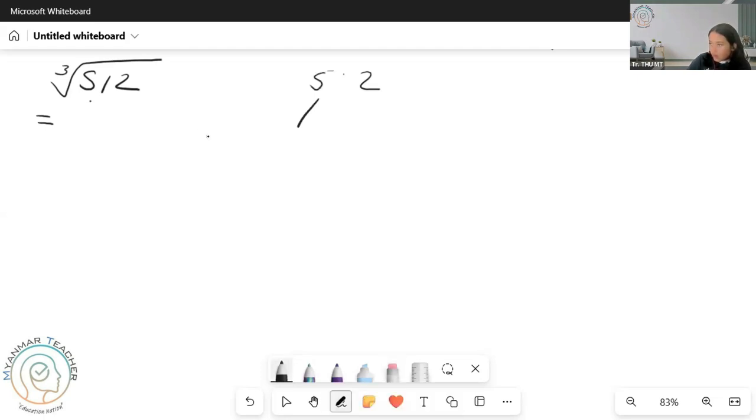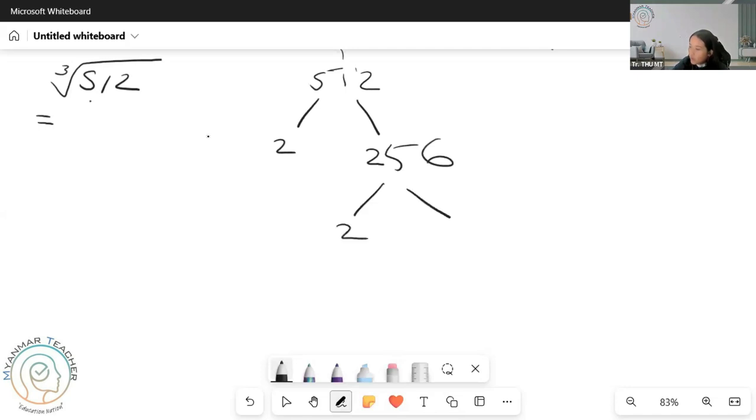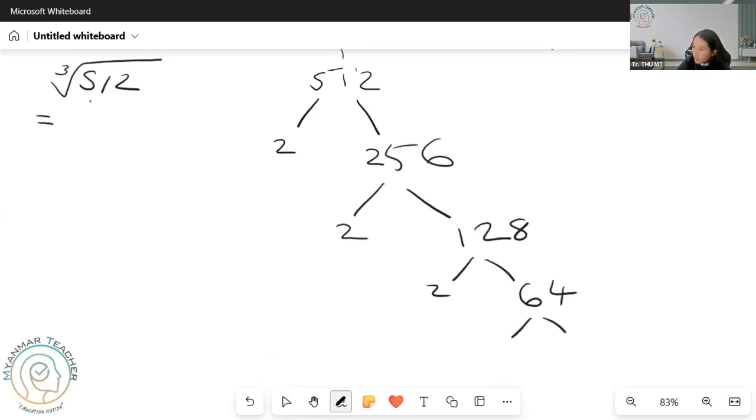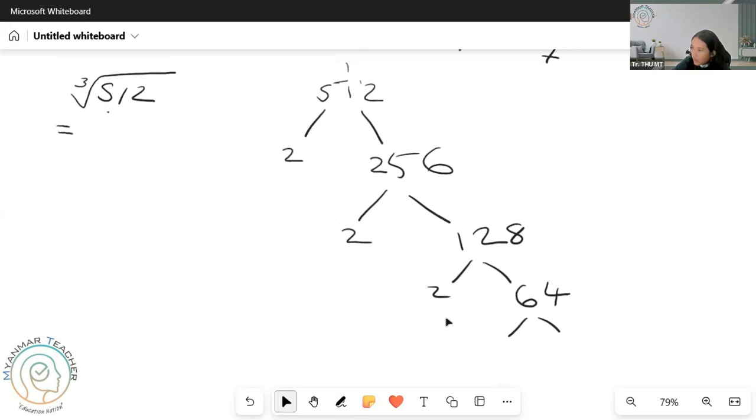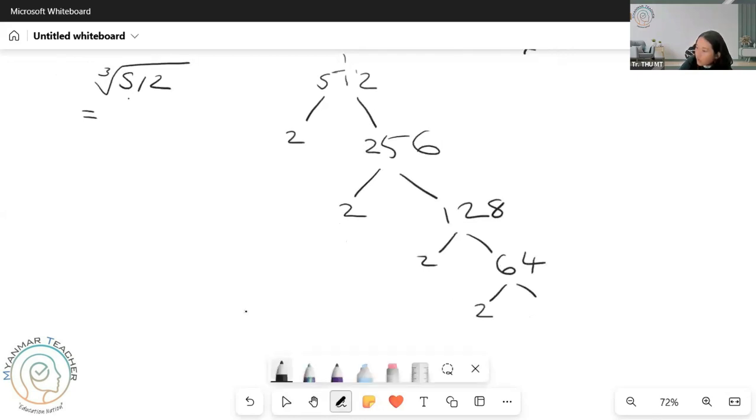A 5 and a 1. My handwriting is really bad. So 512, we're going to start dividing by 2 because it's an even number. 2 can go into it 256 times, then 128, then 64. 2 can go into it, 32, 16. I'm going to have to make it smaller. 2 can go into it, and 16, 2 and 8.